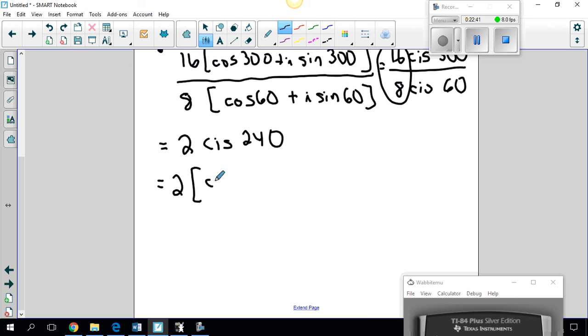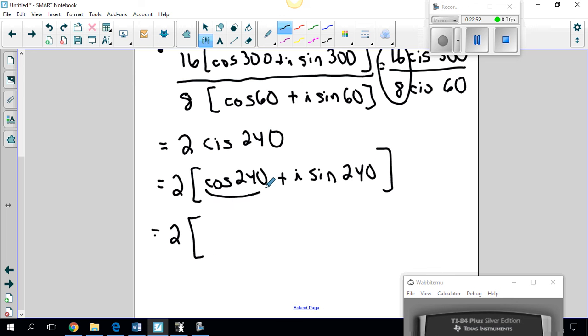2 cosine 240 plus i sine 240. It's like cosine of 60, you're in the third, therefore negative, therefore negative 1/2 minus square root of 3 over 2.